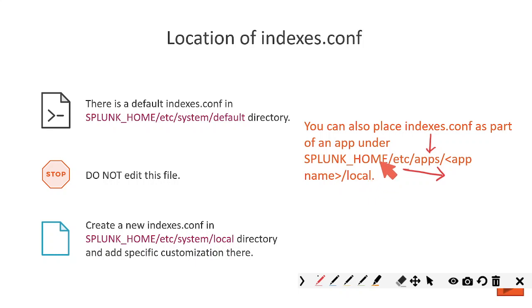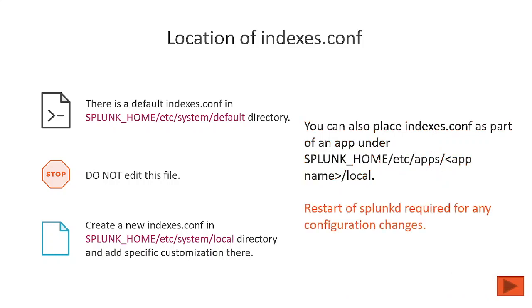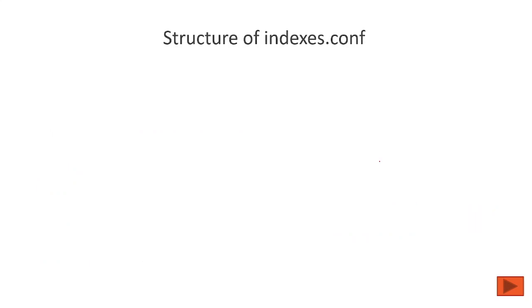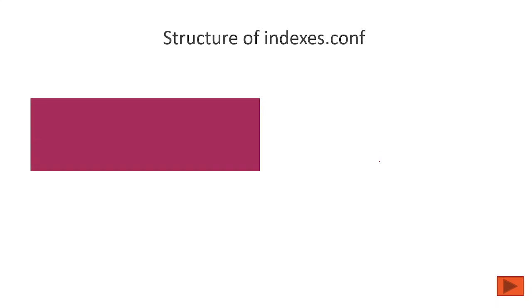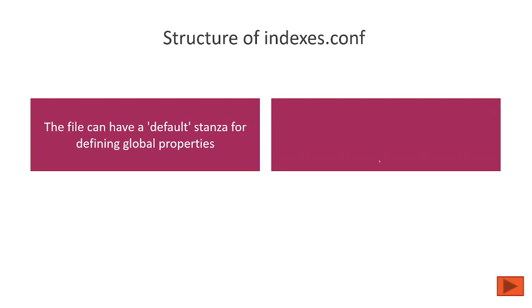Okay. So moving on, and as having said that, we will be requiring a Splunk restart if we were to make any kind of changes to the configuration files, right? So now it's time to look at the structure of the indexes.conf file.